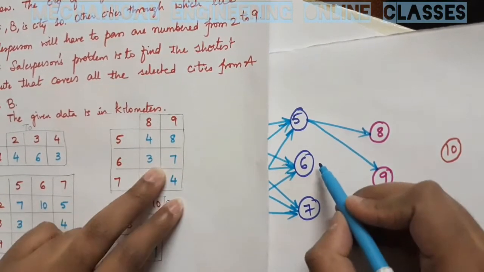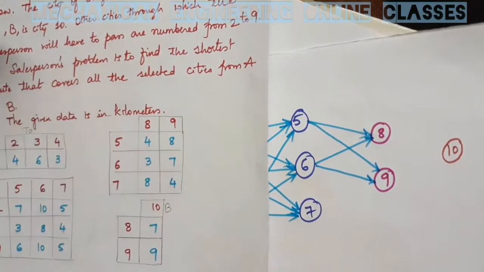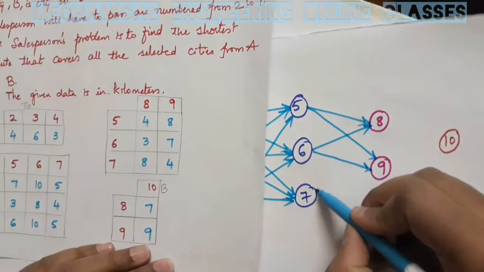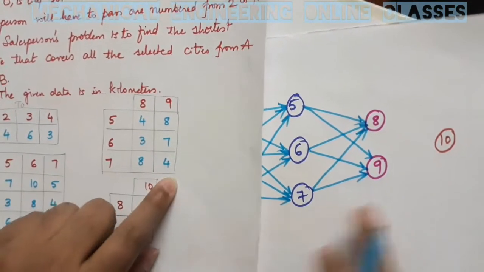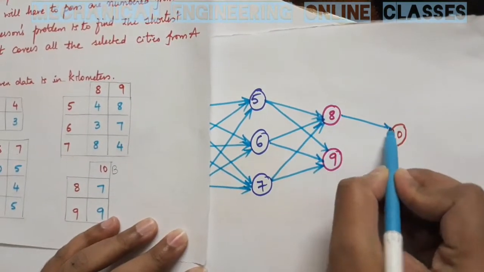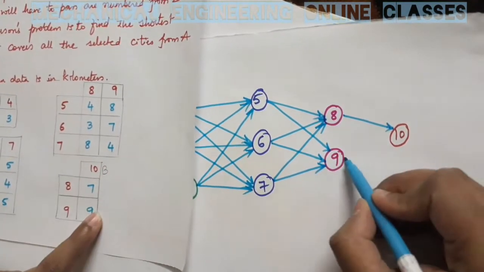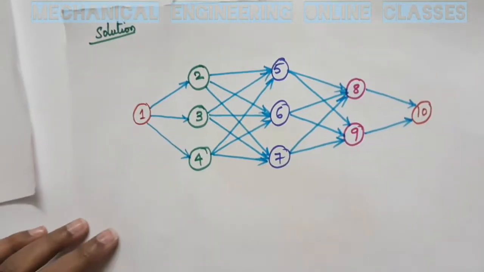Similarly from 6 also I can go to 8 or 9. In case a hyphen is given, it means the path does not exist and we should not draw that in our map. So 7 to 8 and 9 also is drawn. Now from 8 I can go to 10. From 9 also I can go to 10. So this is our map.